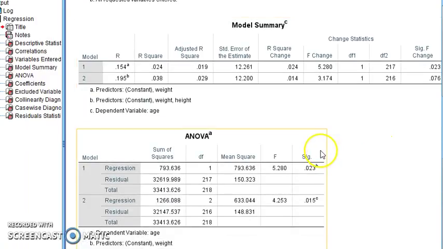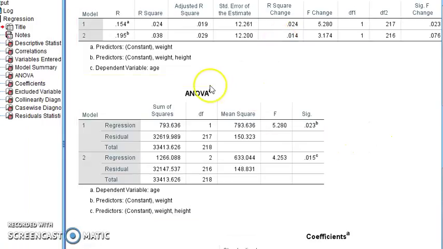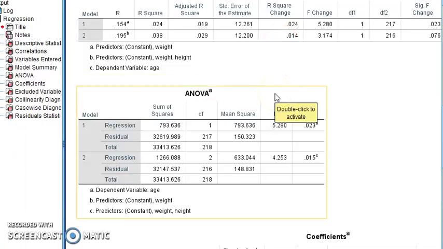Continuing down to the ANOVA output, this is what's going to tell us whether this linear regression model is a good fit. In Model 1, which only includes weight as an independent variable, we have an F value of 5.28 and a significance level of 0.023. We're looking for a very high F value, because the F value basically means how good the model is divided by how bad it is.